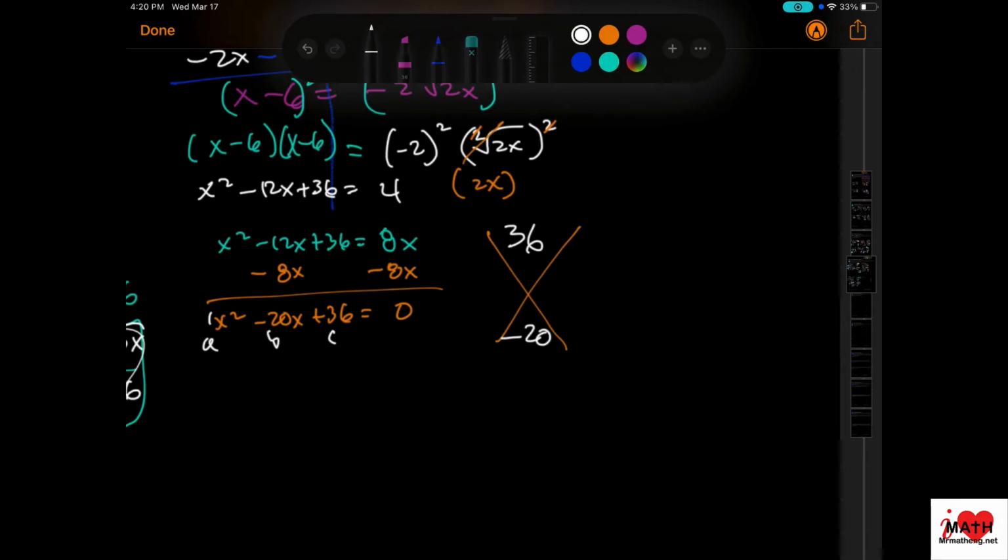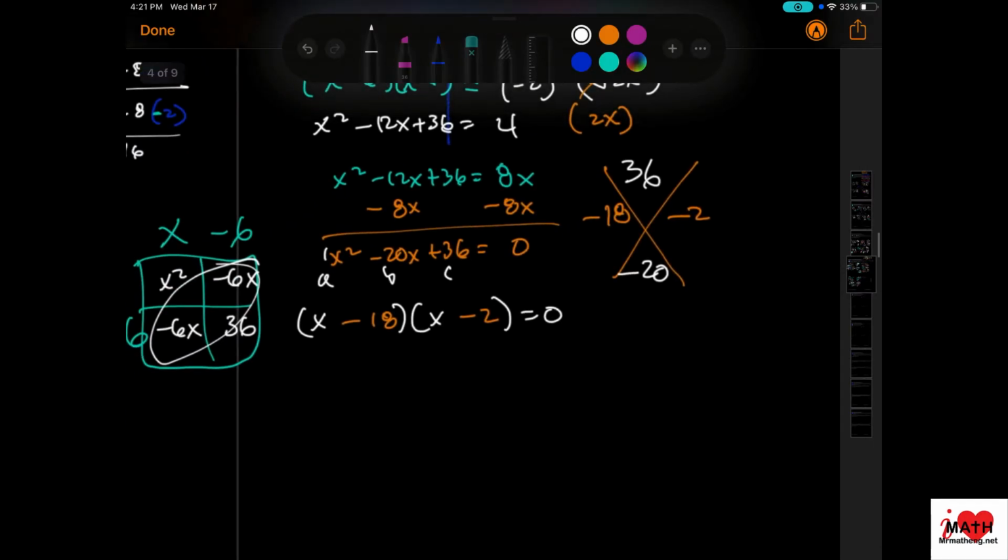Two numbers that multiply to be 36 but add to be 20 are 18 and 2. And if I do both negative, negative 18 times negative 2 is positive 36. Negative 18 plus negative 2 is negative 20. So there are my factors, right? And then if you use the zero product rule, add 18 to both sides, x is equal to 18 and x is equal to 2.